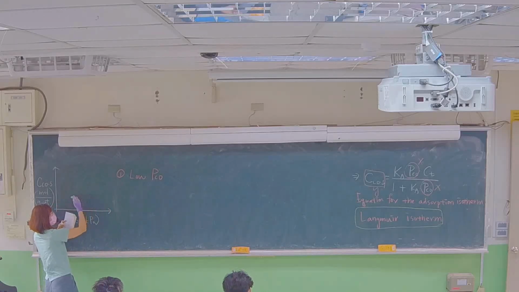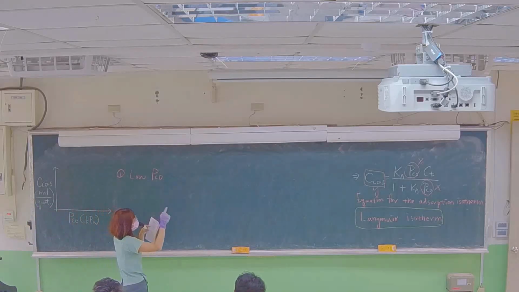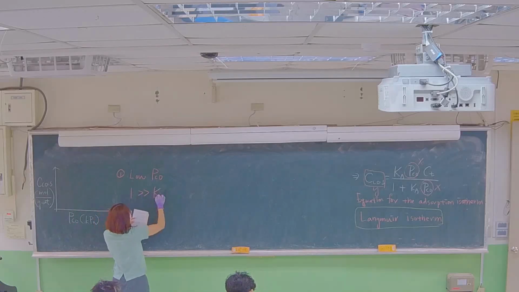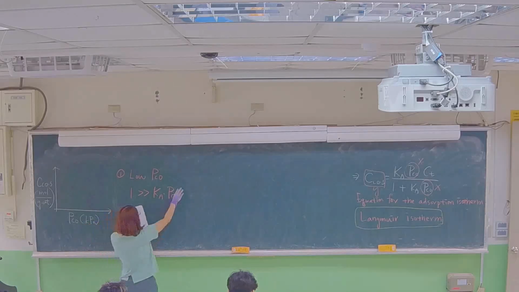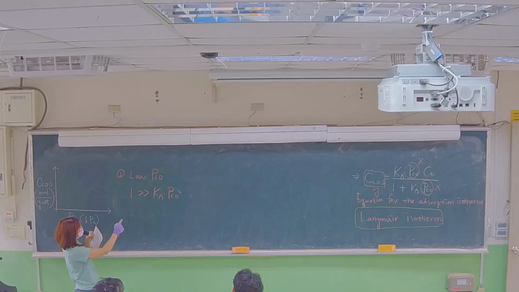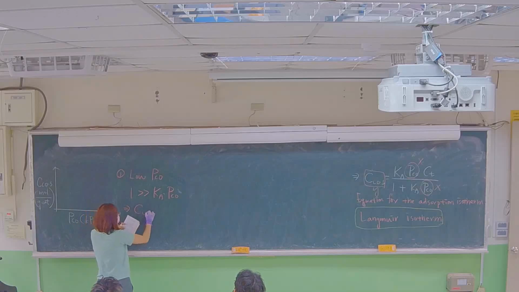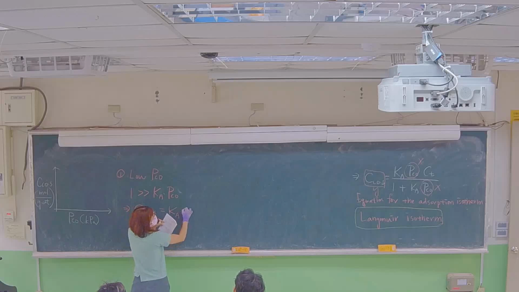At a low PCO, PCO is small. So if one is much larger than KAPCO, the equation is simplified as this one, right?